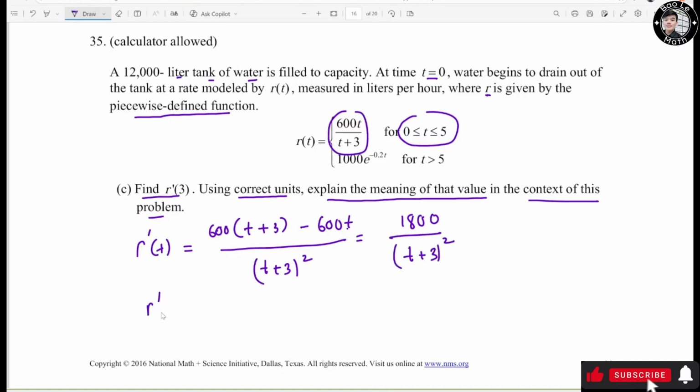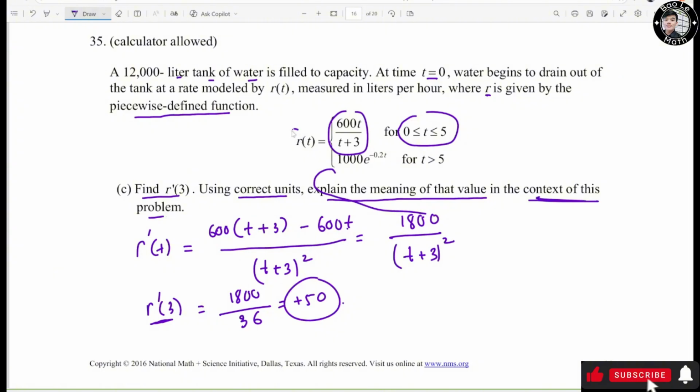So we have R prime of 3 equals 1800 divided by (3 plus 3) squared, which equals 6 squared equals 36. So 1800 divided by 36 is 50. Now we need to explain the meaning of this value in the context of the problem.